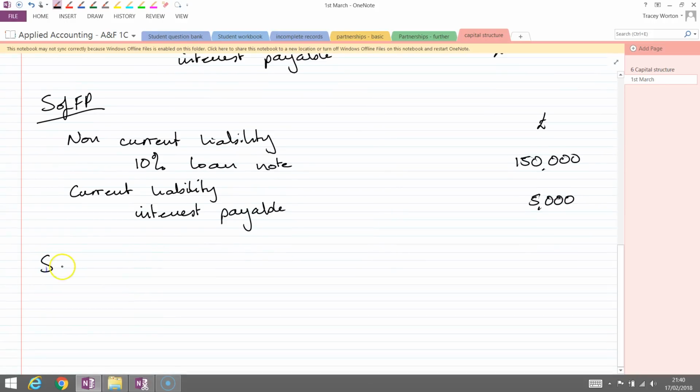And then on the statement of profit or loss, included in finance costs, we're going to have the £7,500 that was paid during the year and the £5,000 that's payable by the end of the year. So we're going to have £12,500 recorded as our finance costs.